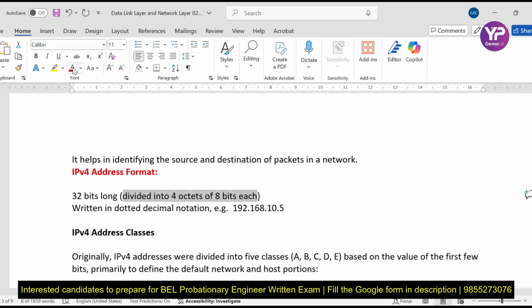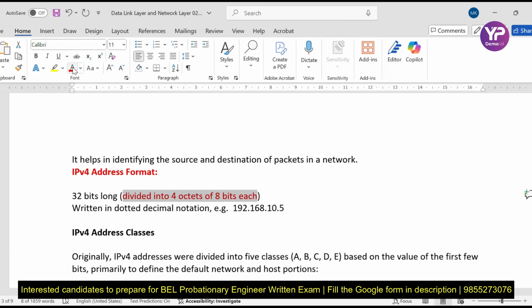If it is 32-bit and I divide it into 4 parts, each part is 8-bit. In the first octet we have 8 bits, in the second octet 8 bits, in the third octet 8 bits, and in the fourth octet 8 bits.